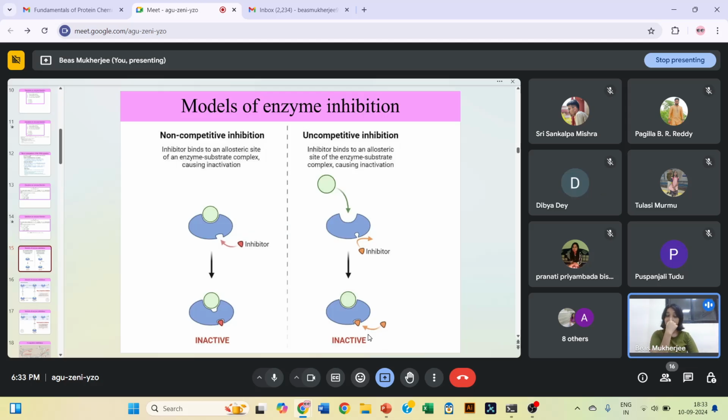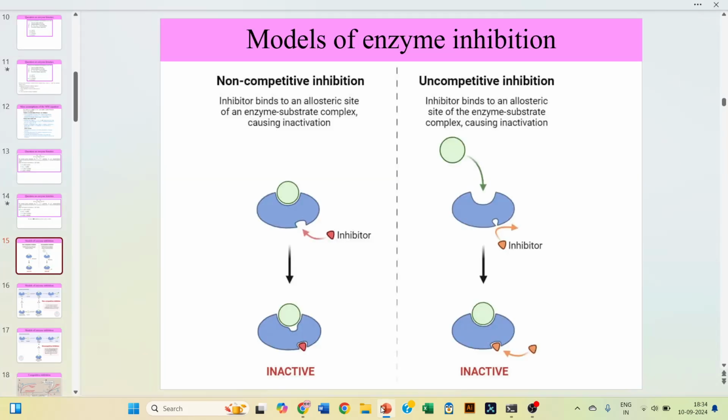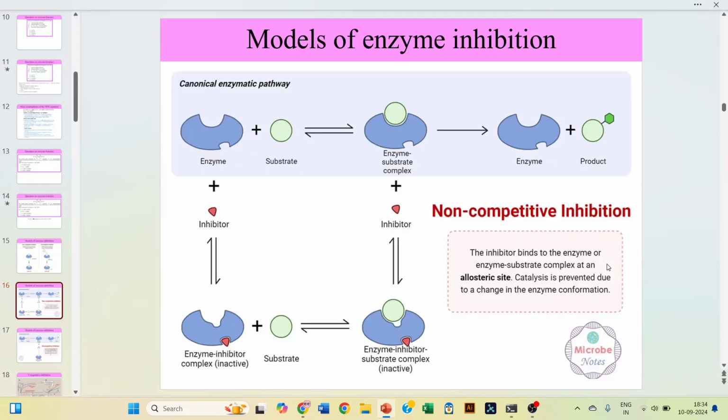What happens in case of a non-competitive inhibitor is that the inhibitor can come and bind to the free enzyme. The inhibitor can also come and bind to the enzyme substrate complex. And if it is binding to the free enzyme, it is not preventing the binding of the substrate to the free enzyme. It is not binding at the region where the substrate is supposed to bind. Now see what happens here.